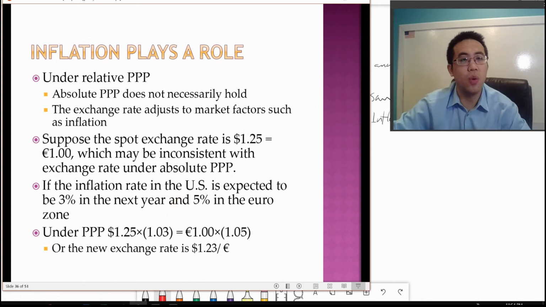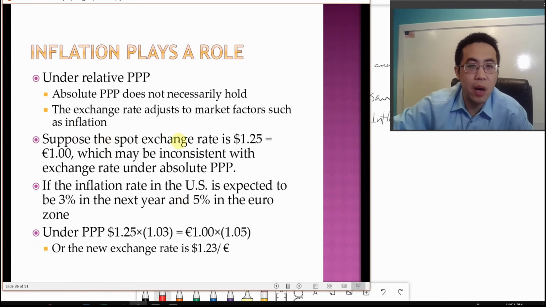Okay, so here is one example. Suppose the spot rate is $1.25 per euro, which may be inconsistent under the absolute form of PPP. Of course, there is an overvaluation of the euro for many years. But if we assume the relative form of PPP, then it is okay to have an overvaluation of the euro just because the market is imperfect.